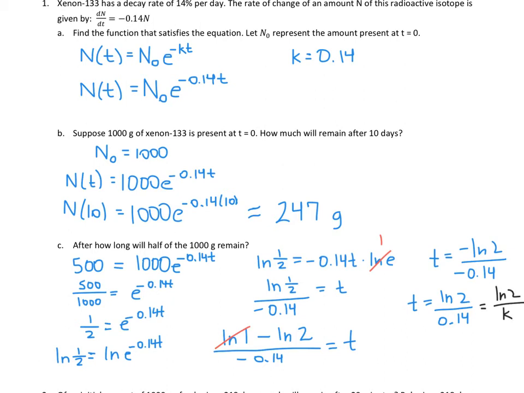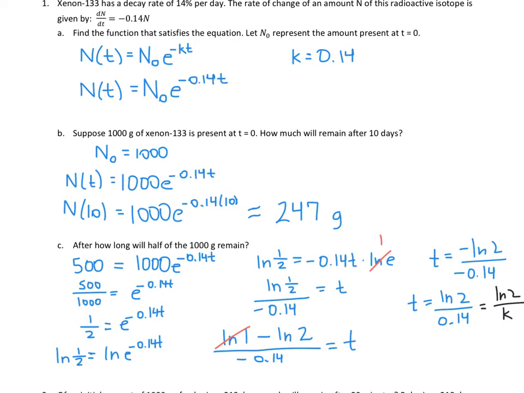This is the formula that is in your notes for calculating half-life. You simply take natural log of 2 and then divide it by whatever k is, and that'll give you the half-life. So once you have this formula, you don't have to do all of this work that we just did here. You can simply use this formula. But I kind of wanted to show you why the formula is what it is.